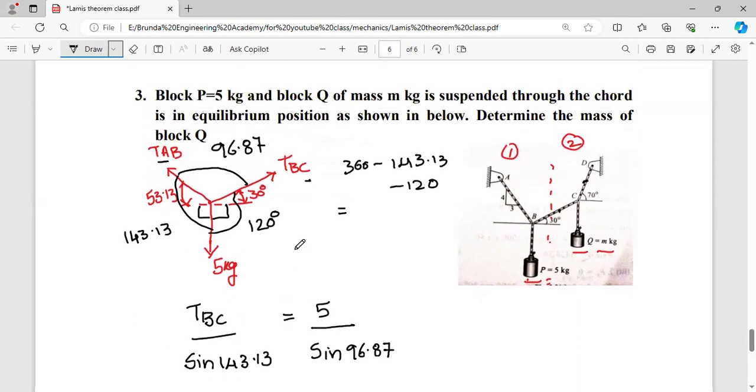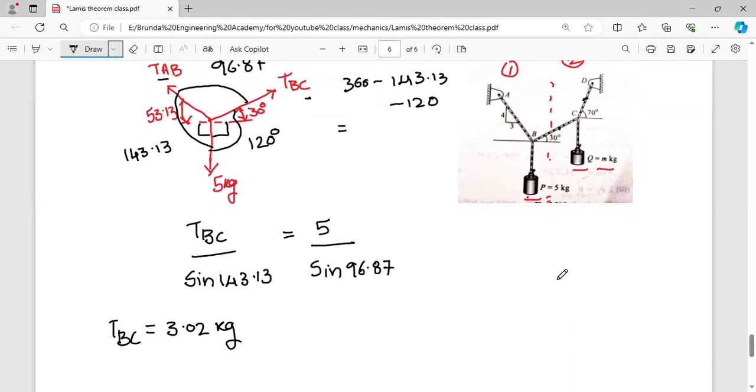So now coming to the second part. For the second part you have to draw the free body diagram. So here mass, assume that is Q. Next, it is the angle of inclination with the horizontal, that is 70 degrees given in the problem. So its tension is tension CD.